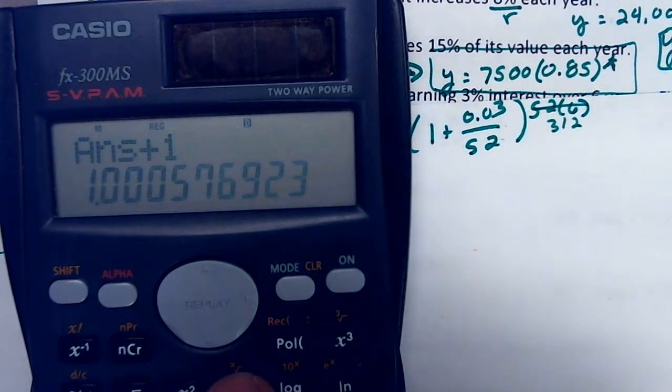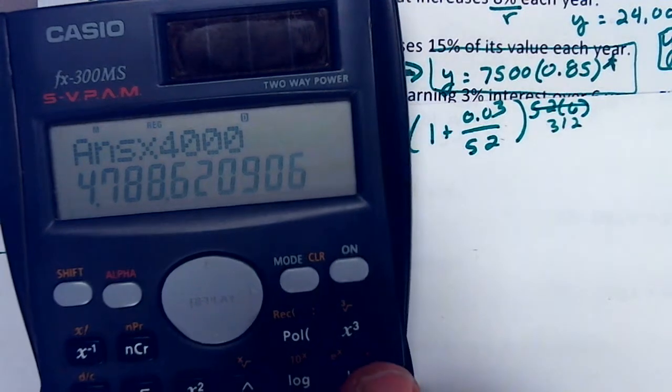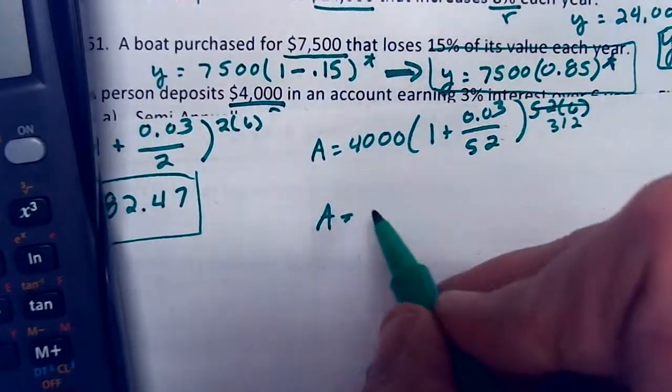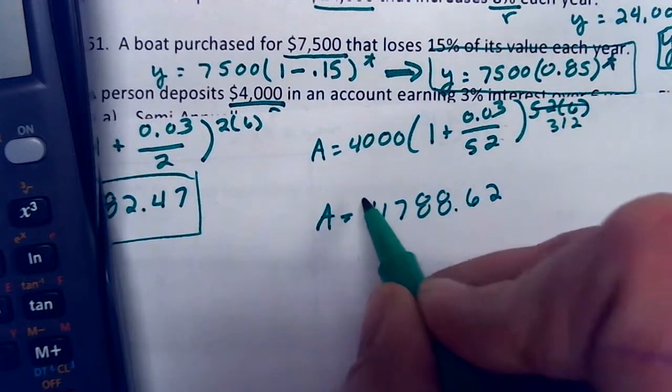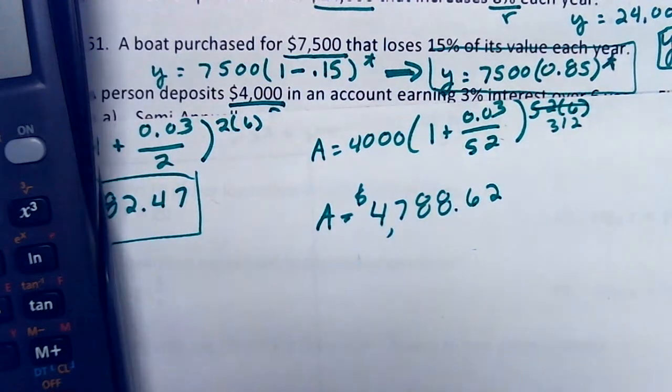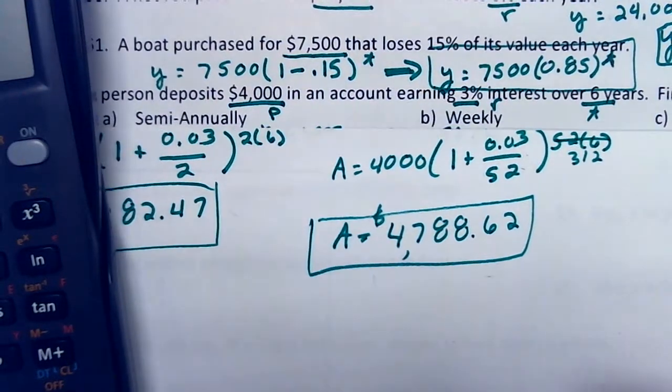Now that is what I'm going to raise to the 312 power, then times 4,000. Okay, so $4,788.62. That's the answer for part B, if it's compounded weekly.